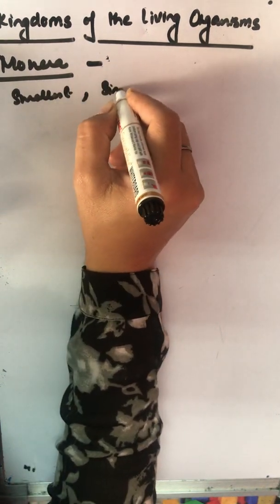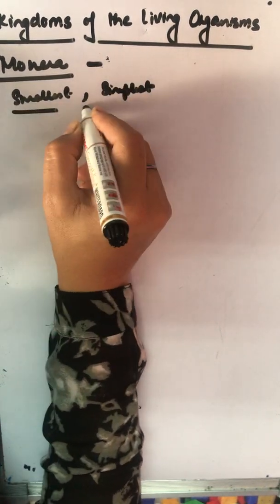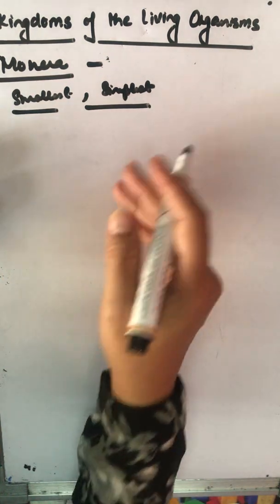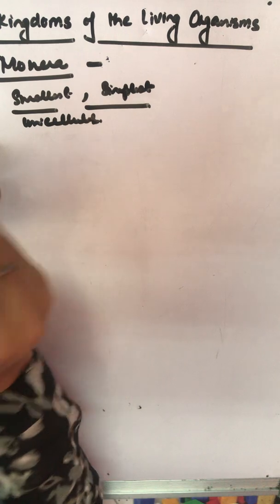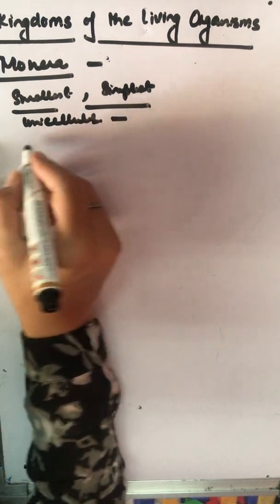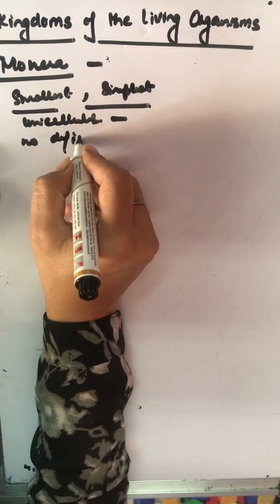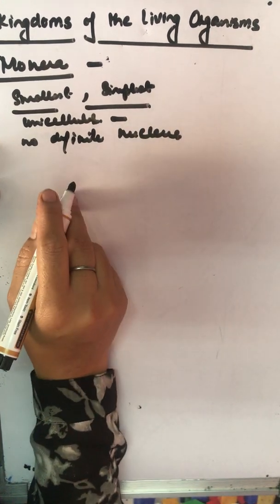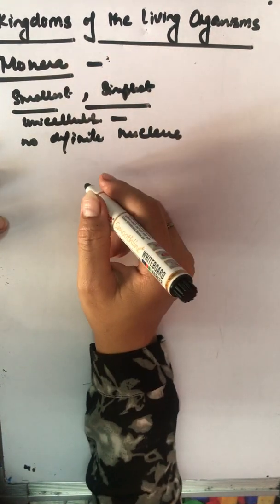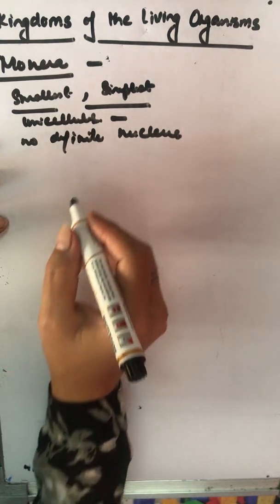They are unicellular mainly. They do not have a definite nucleus, and the genetic material is circular, double-stranded helical DNA.